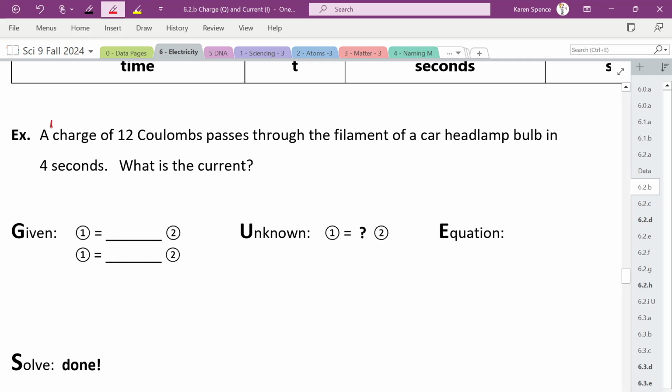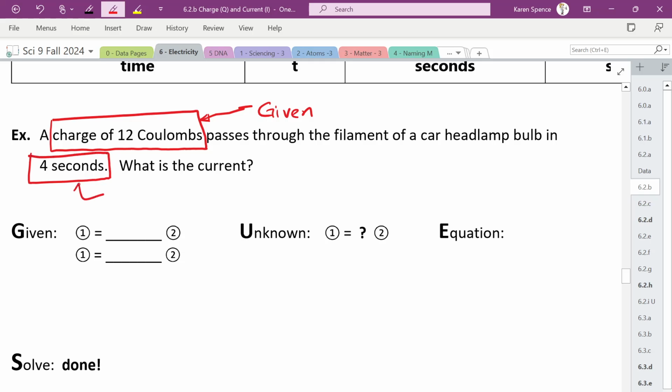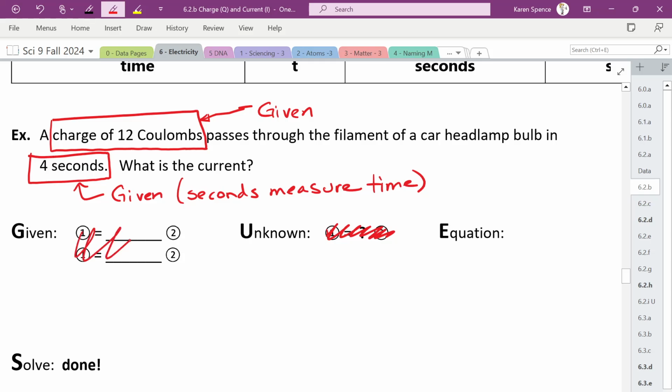Okay. But remember, what do you get marks for? Everything.